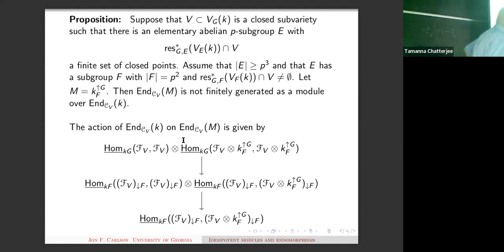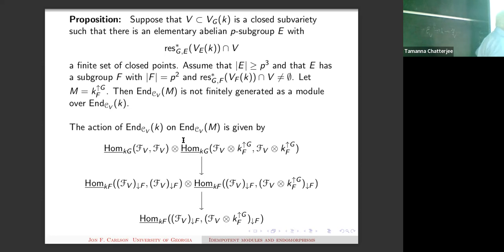Is there a class of modules for which you can say that finite generation holds? Yeah, I mean, there is.